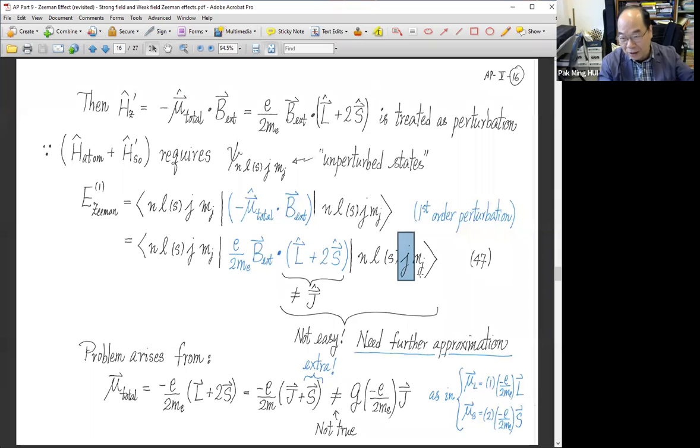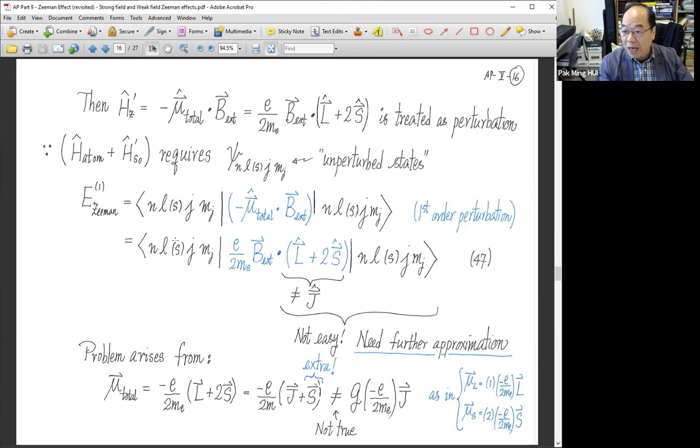It will give us J_Z, M_J, and then it will be M_J h bar, everything done in one step. However, in this case, we don't have a J here, but we have J plus S, okay?